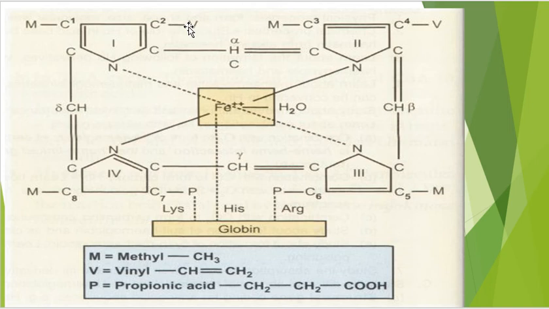The heme consists of 4 tetrapyrrole rings. The outer carbons of the 4 pyrrole rings, which are not linked with the methylene bridges, are numbered from 1 to 8. The methylene bridges are referred to as alpha, beta, gamma and delta, respectively.